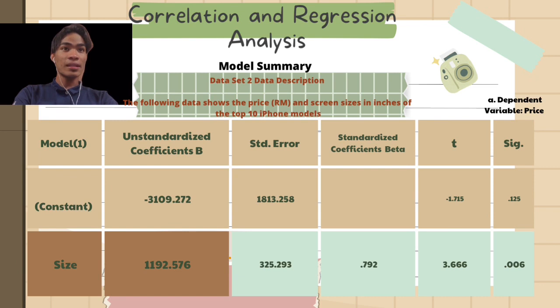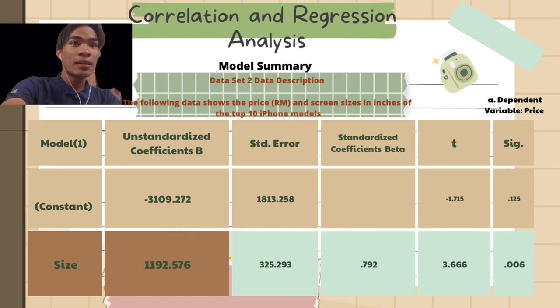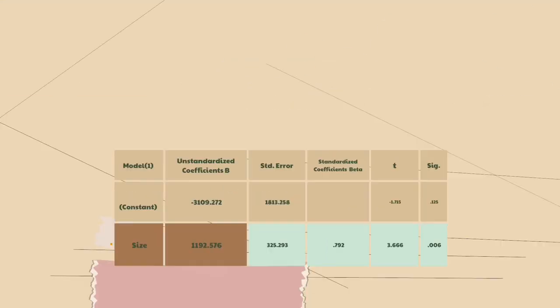For the constant, it is negative 3109.272, and for the sizing it is 1192.576. The standard error is 1813.258, and for the sizing it is 325.253.